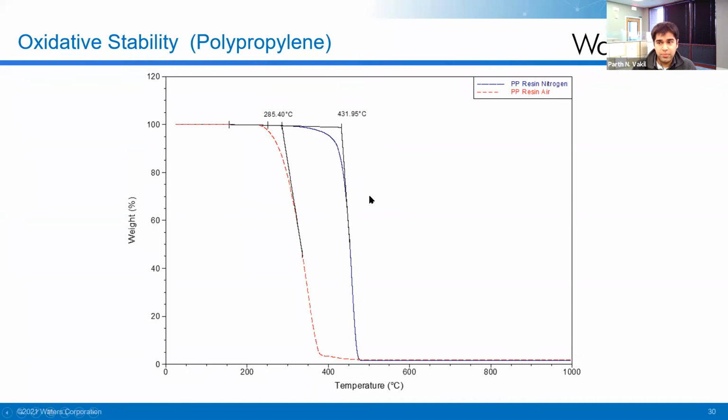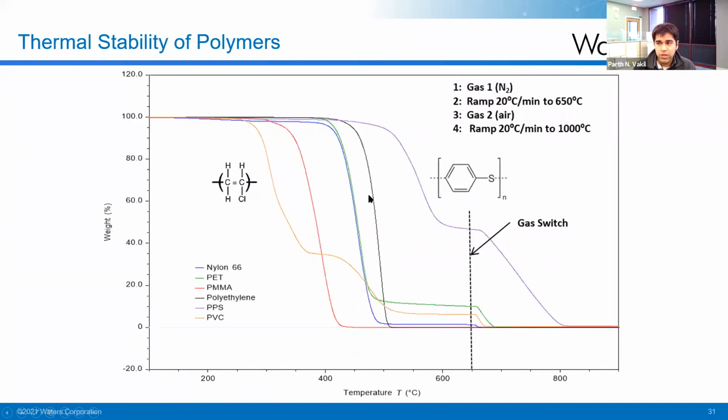And you can make it a little bit fancier by doing what we call gas switch experiments. What you are seeing on this graph is an overlay of different polymers that have been run on the TGA instrument. In this experiment, we ran all these samples to 650 degrees at 20 C per minute under nitrogen gas conditions. And then once the samples reached 650 degrees, the instrument introduces air.